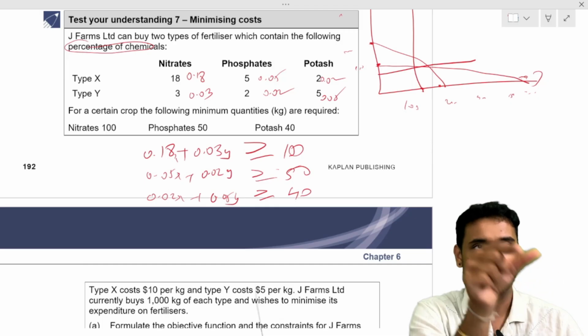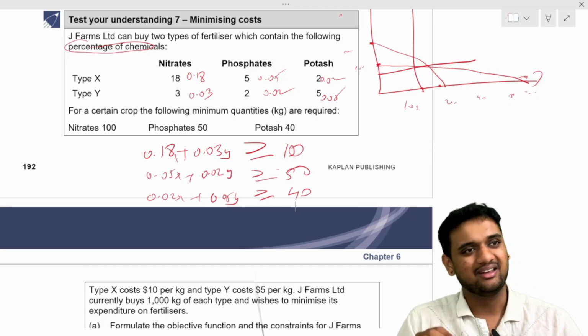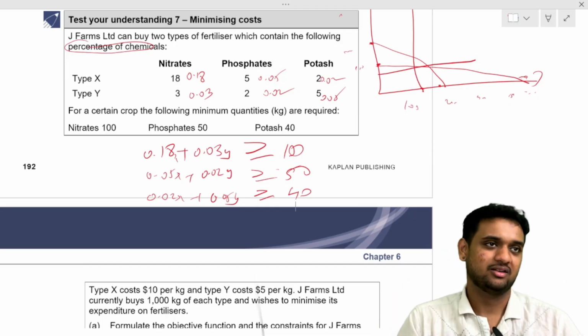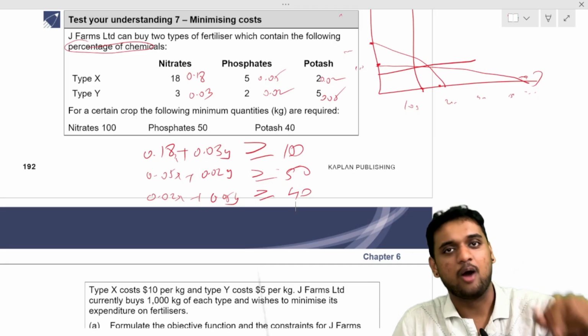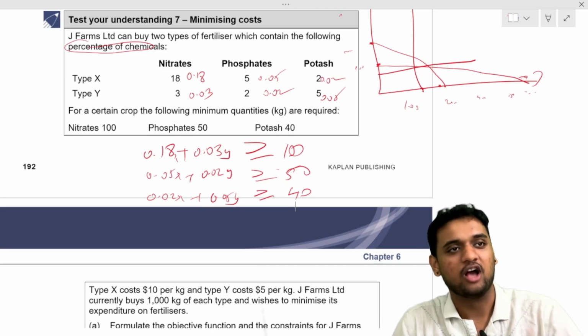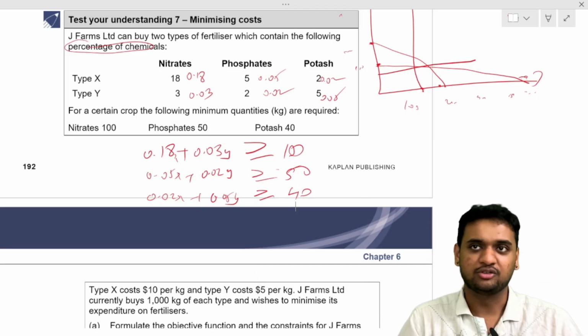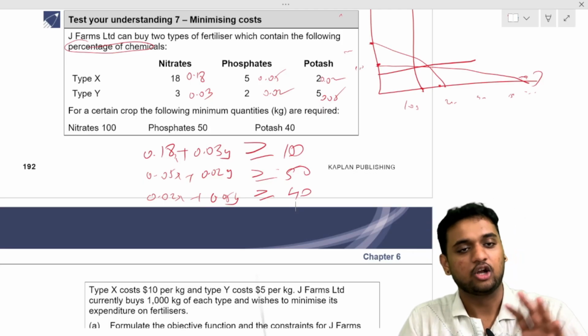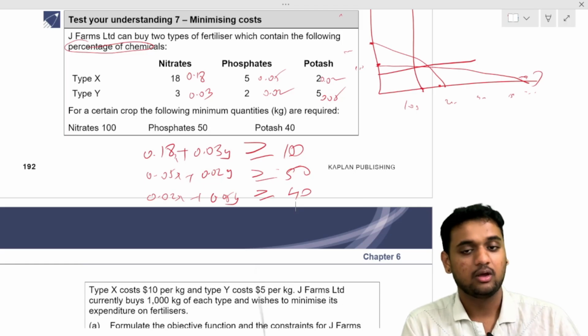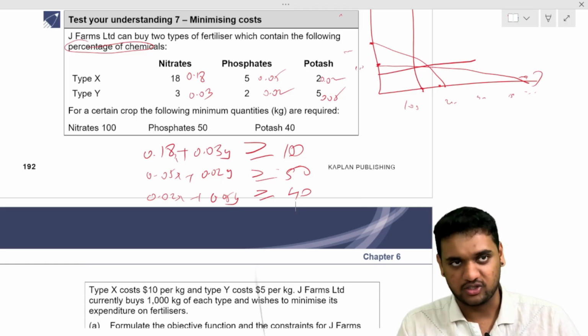How many hours of labor we need, that we need. But here, contribution and all we do not need, sir. There our objective is to find the maximum contribution. Here our objective is to find the minimum cost. So what we will do, we need the cost. Cost will be given to us.